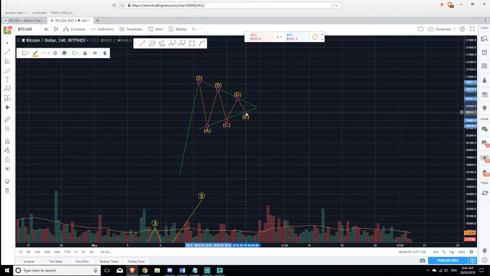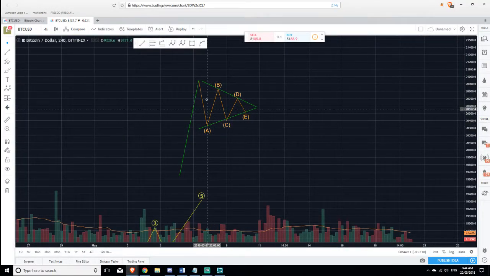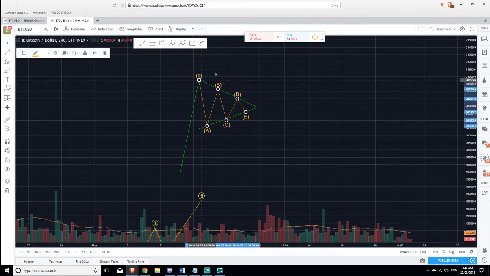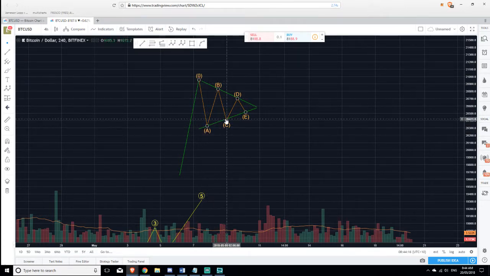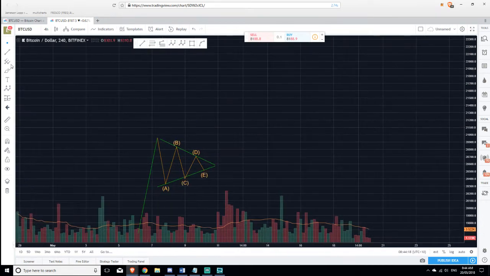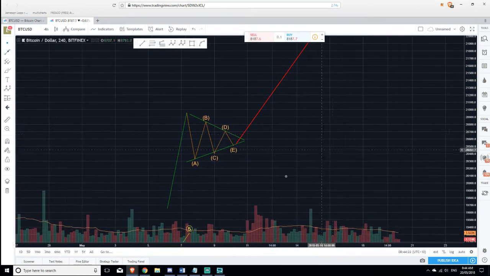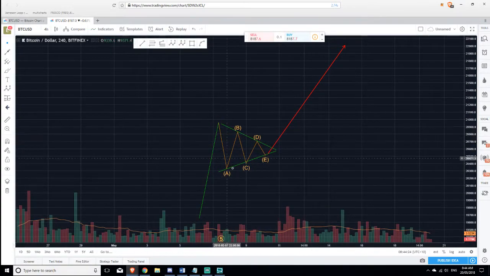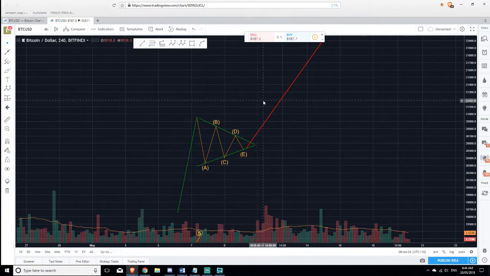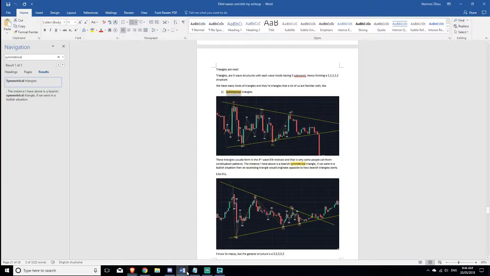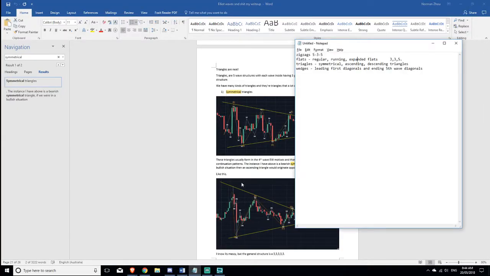So in a bullish situation, it'll start from the top of the flagpole, A, B, C, D, E, after which you break up to the upside. And inside these 5 waves, it follows a 3-3-3-3-3 structure.